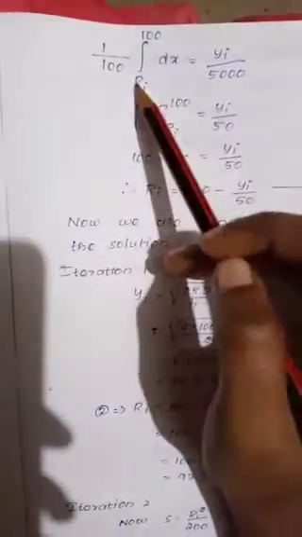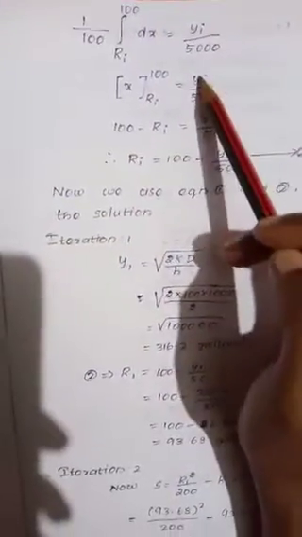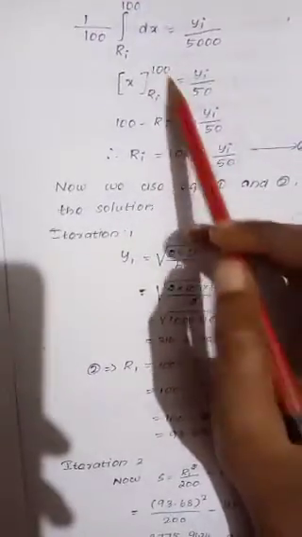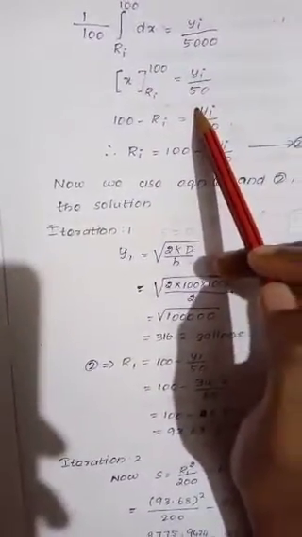Which implies 1 by 100 we take outside: 1 by 100 into integral r_i to 100 dx is equal to y_i by 5000. x from r_i to 100 is equal to y_i by 50.